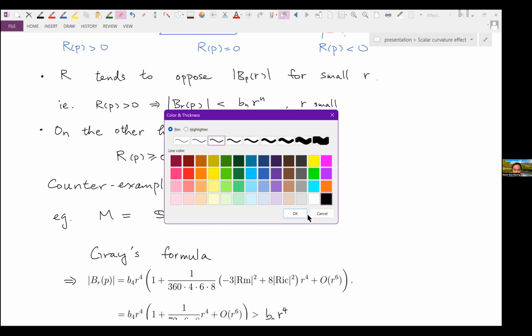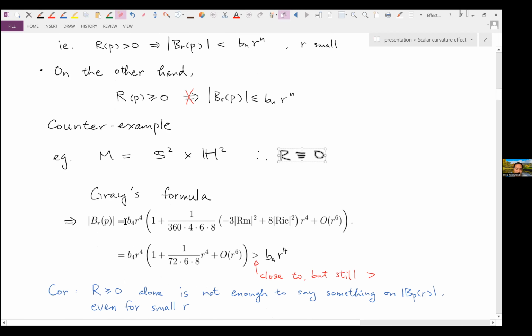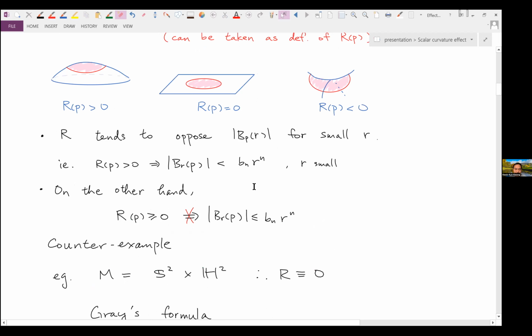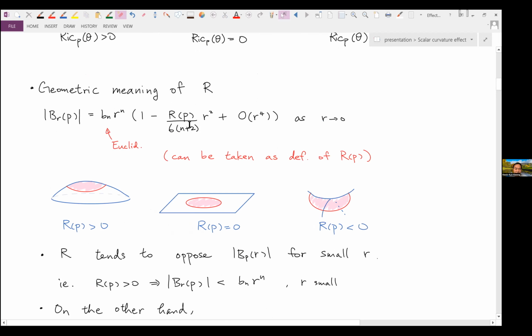But then if you look at the volume of the balls, you actually have a certain Taylor expansion. Notice that in this case, this is a 4-dimensional manifold, but the next non-trivial term is actually of r to the power 8, because the term consisting of the scalar curvature just vanishes, right?